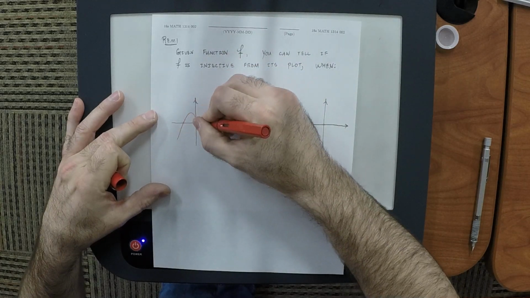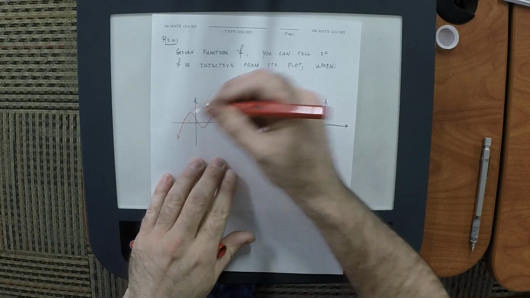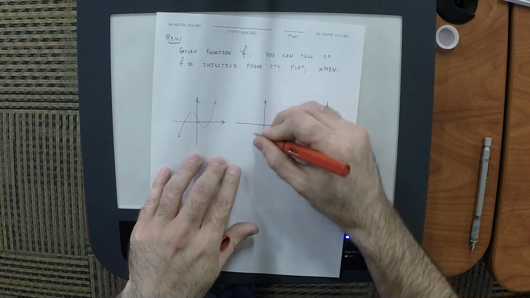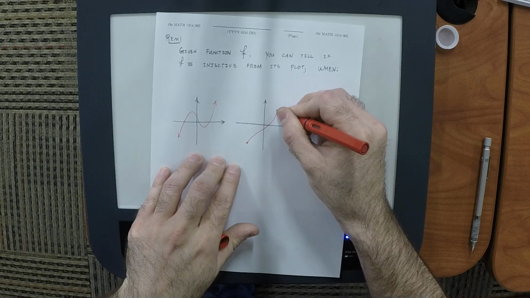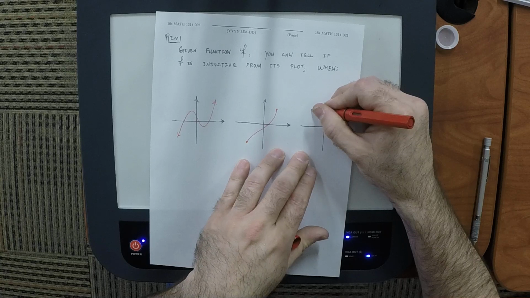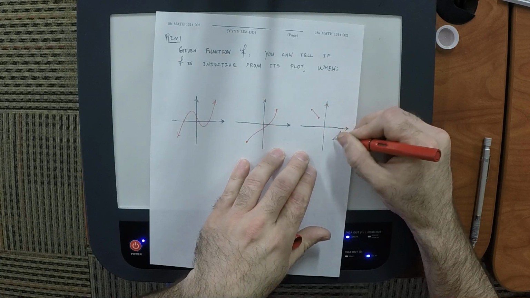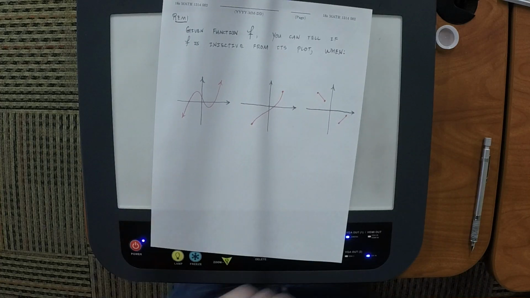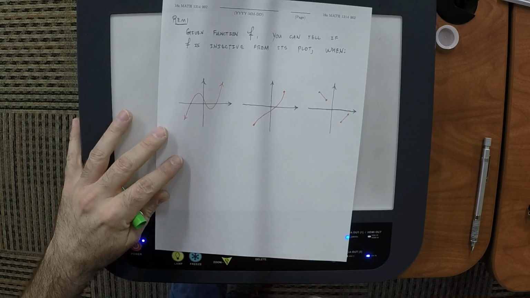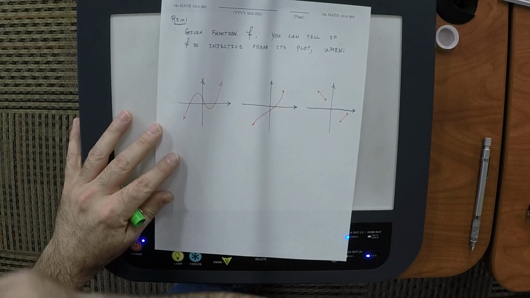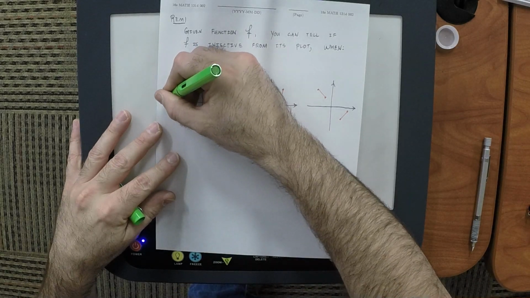So there's a function. Here's another function. And here's another one. As a reminder, with vending machines and generally thinking about functions as machines, the input axis is this one.